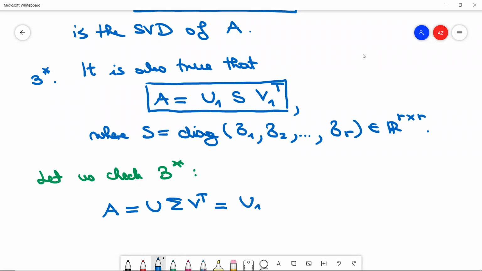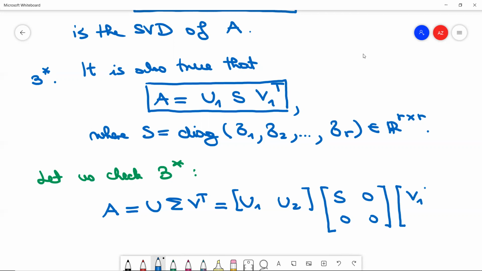It's U1, U2, and this sigma is S in the left upper corner, 0, 0, 0. And here we have V. Again, I will decompose V into the block decomposition V1 and V2, and when we transpose, we get V1 transpose, V2 transpose.